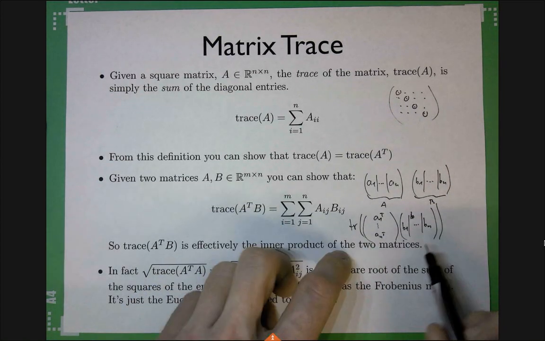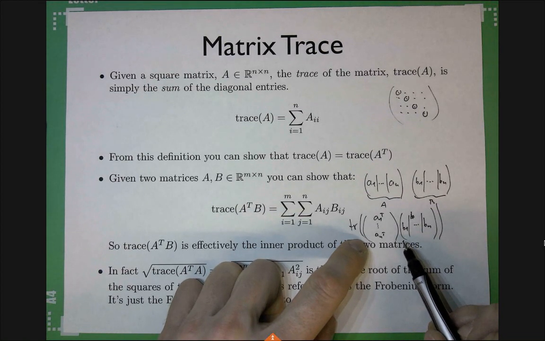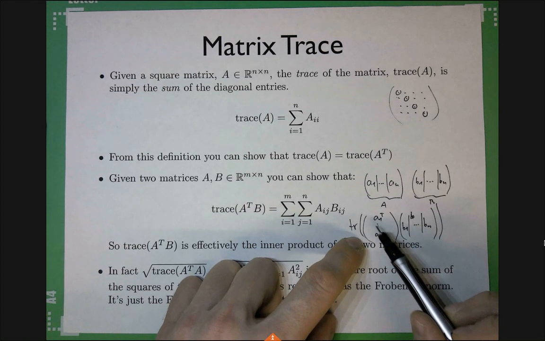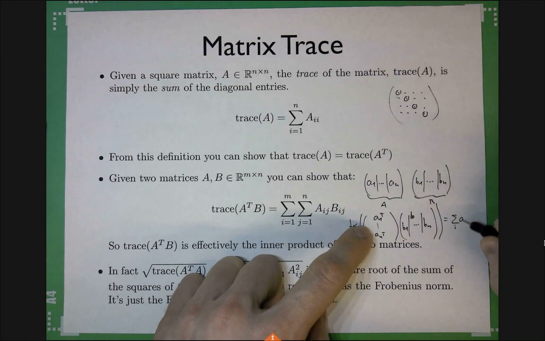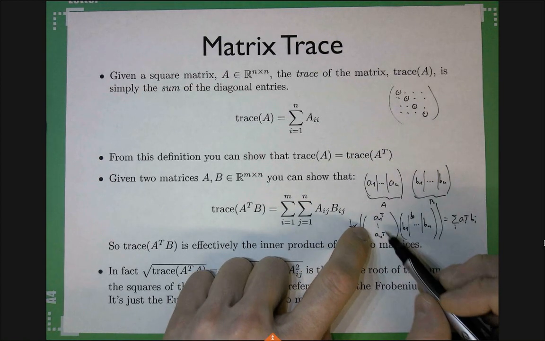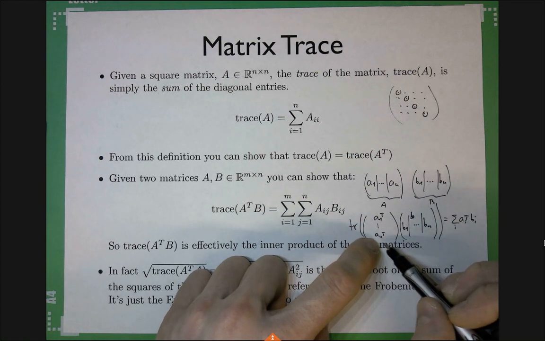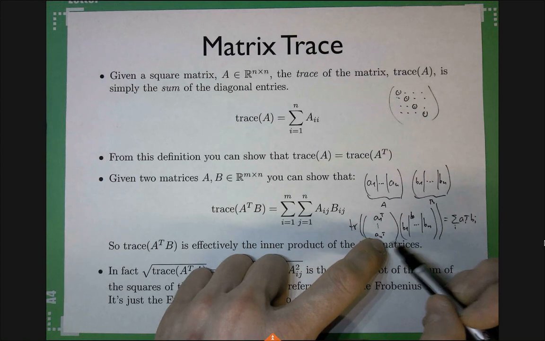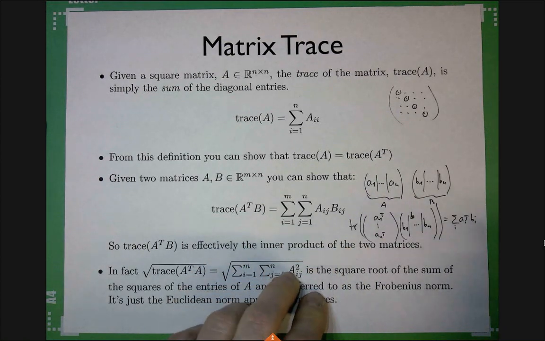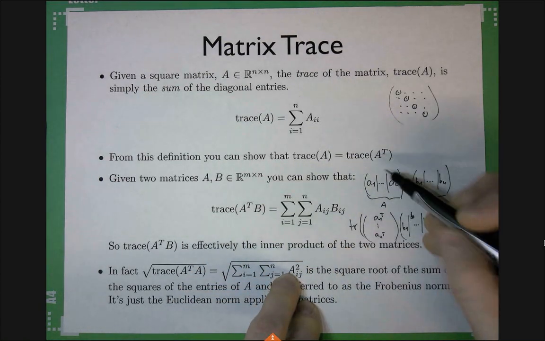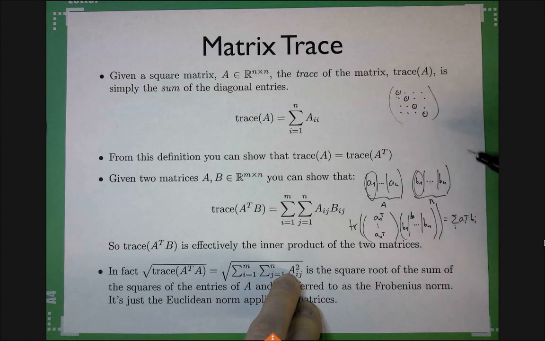What is the trace going to be? The trace sums the diagonal elements, right? Here the diagonal elements are just A_i transpose B_i: A1 transpose B1, A2 transpose B2, up to An transpose Bn. So what that means is really just taking the dot products of all the columns and summing them together.